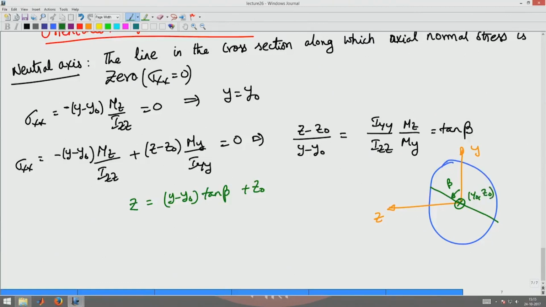If you take it as the origin, y naught and z naught are 0 and this represents tan beta. So, the stress sigma xx is 0 about this line. This is the neutral axis of the cross section.